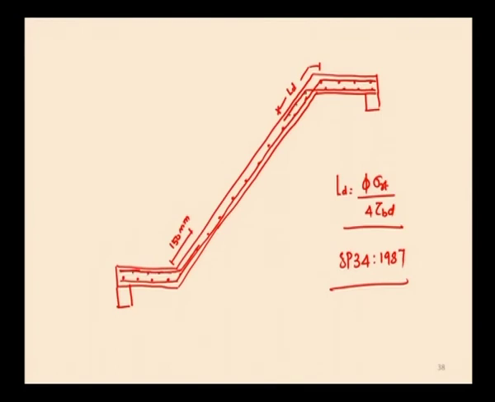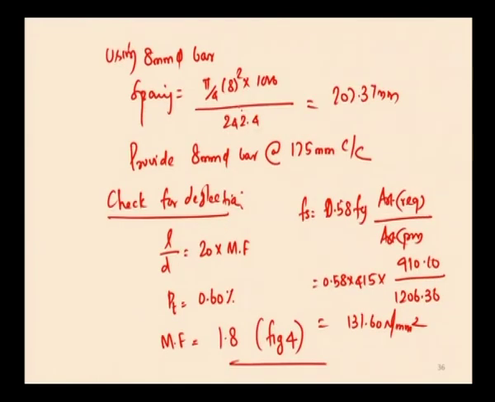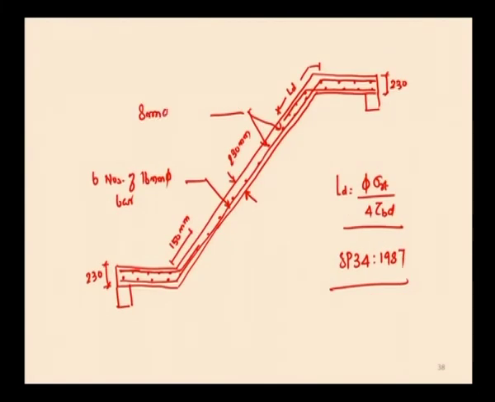The thickness of the slab we have designed here is 230 mm, and the main reinforcement is 6 numbers of 16 mm diameter bar, and the distribution reinforcement is 8 mm diameter bar at 175 mm center to center.